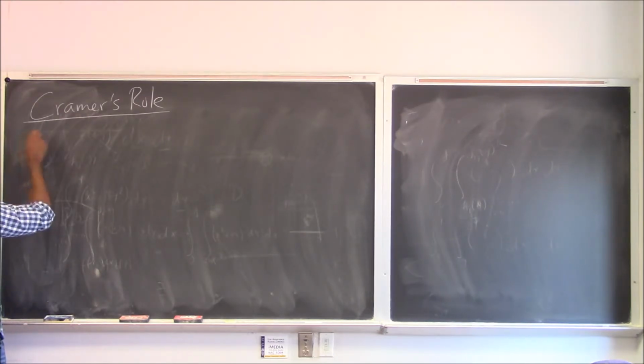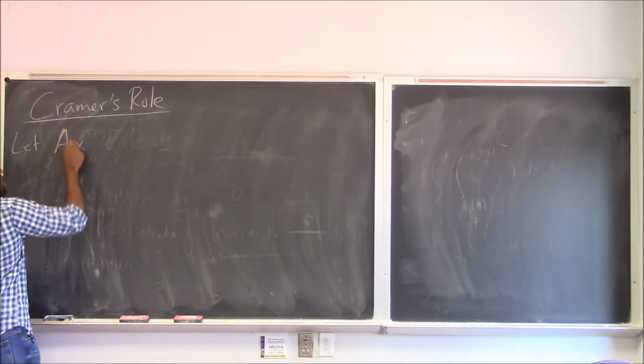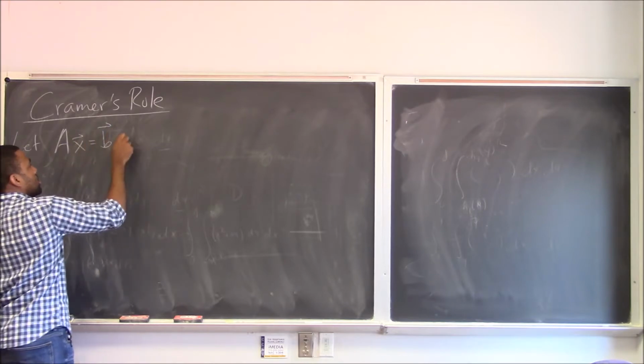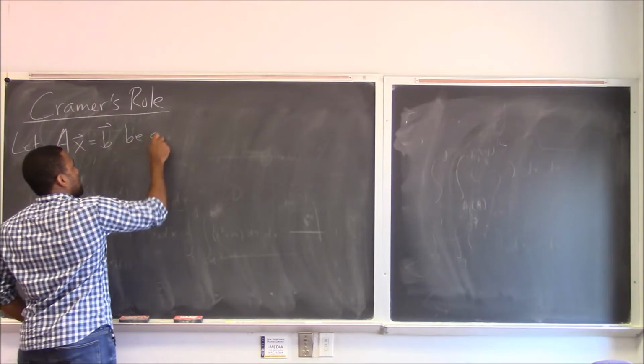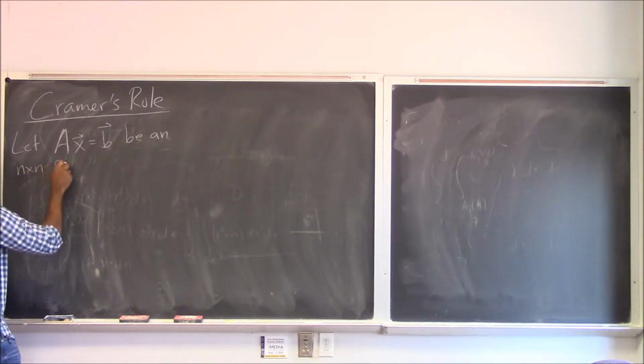So here's the idea. Let Ax equals B be an n by n system of equations.